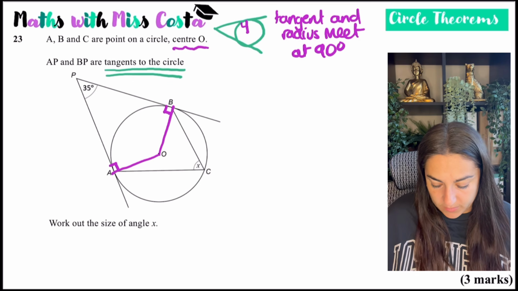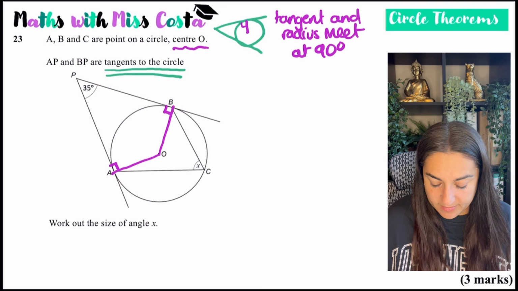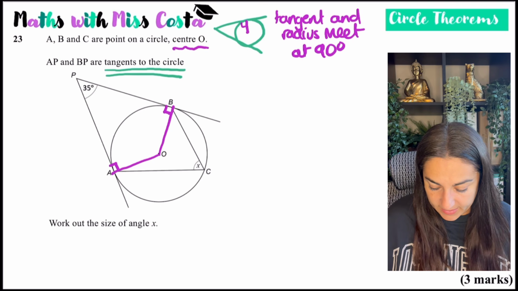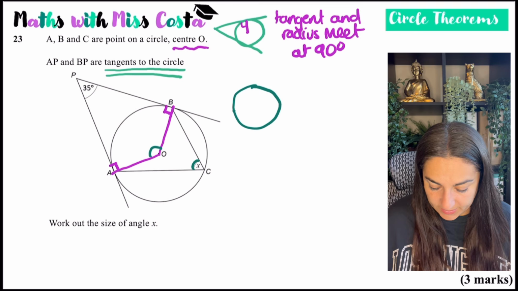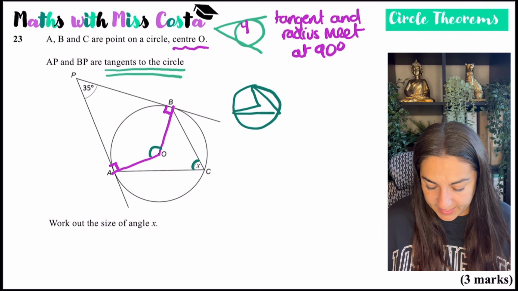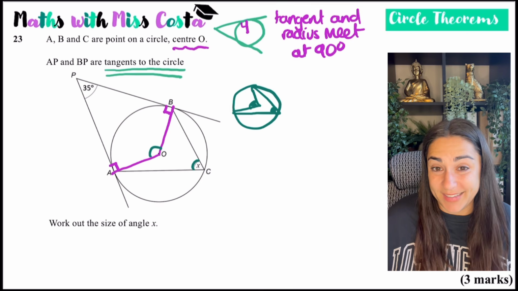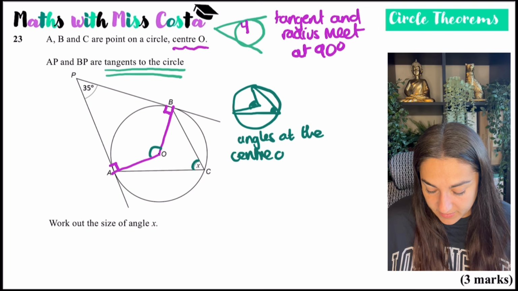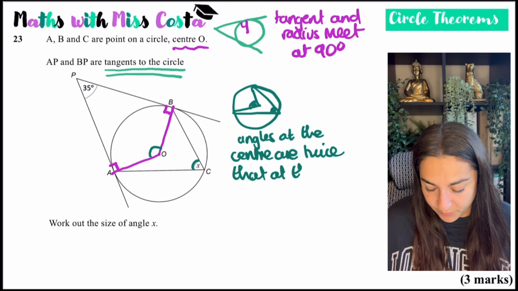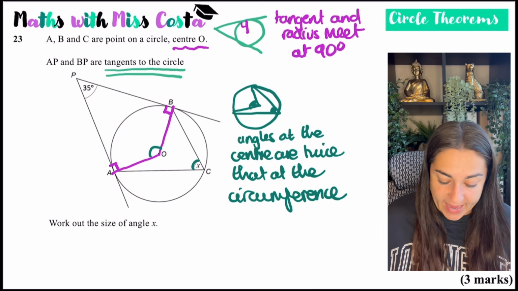Now, hopefully, when I've drawn this radius here, you can see that I have this kind of thing going on here. So when I've got something like this, that should remind you of the angle at the centre theorem. So angles at the centre are twice that at the circumference. And the way that you can recognize this is, how is that angle formed?